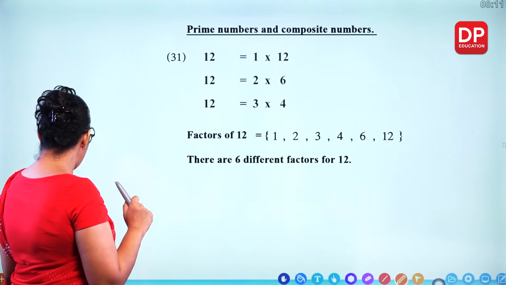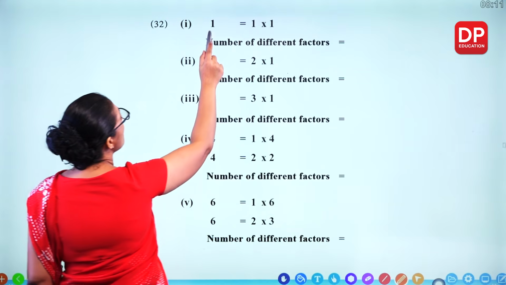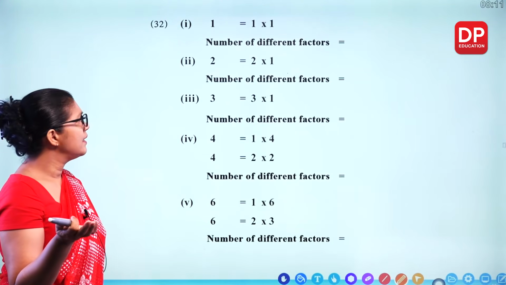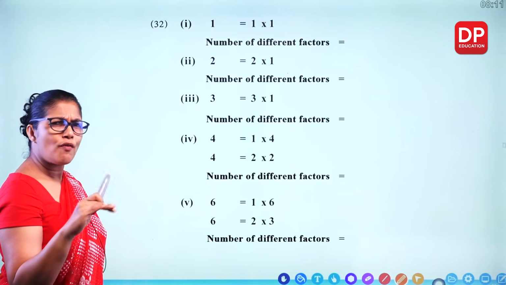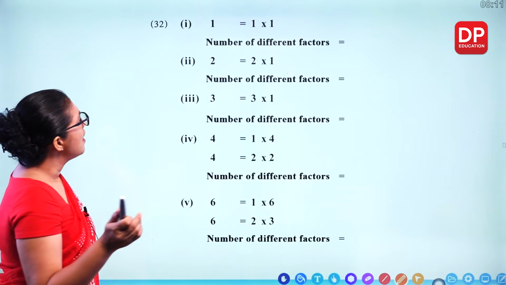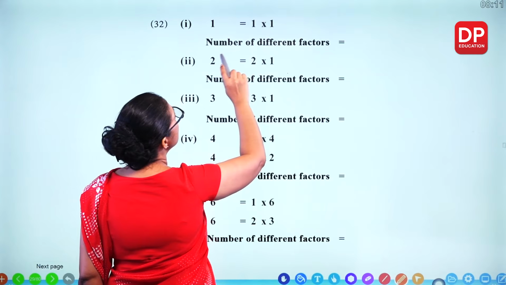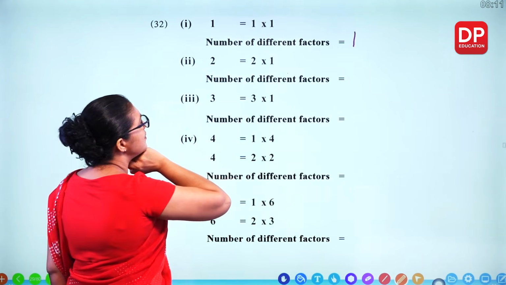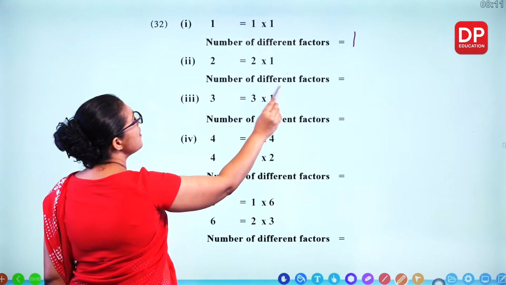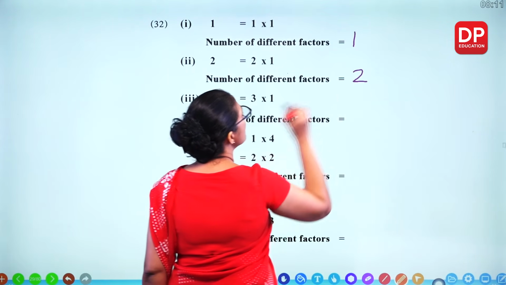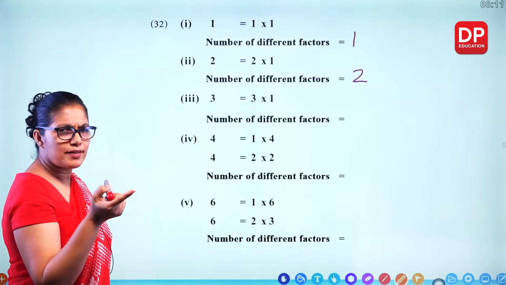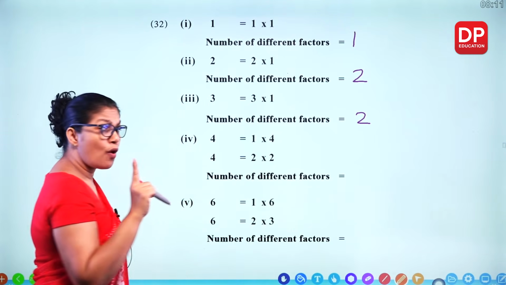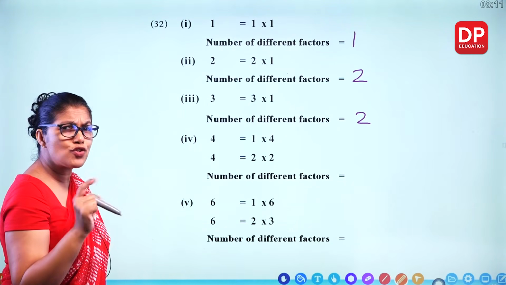So we'll see another number. 1, how can you write? 1 times 1 only. 2, 2 times 1 or 1 times 2, same thing. So how many different factors are there? You get 1 here. 2 times 1, how many factors? 2. 3 times 1, again the number of different factors? 2. 4, you can write 1 times 4 as well as 2 times 2.